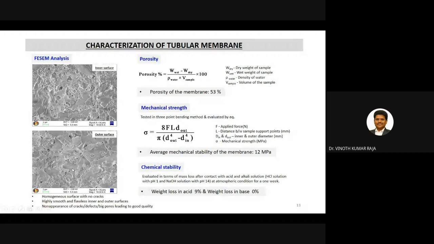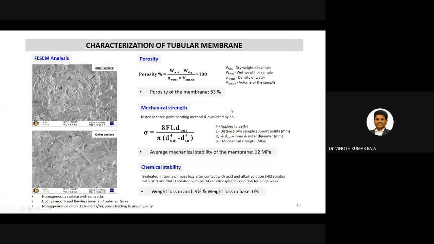In such a way the membrane has come up, and we also measured the porosity of the membrane using this expression, where porosity in percentage is equal to W wet minus W dry over rho water into volume of membrane, times 100.